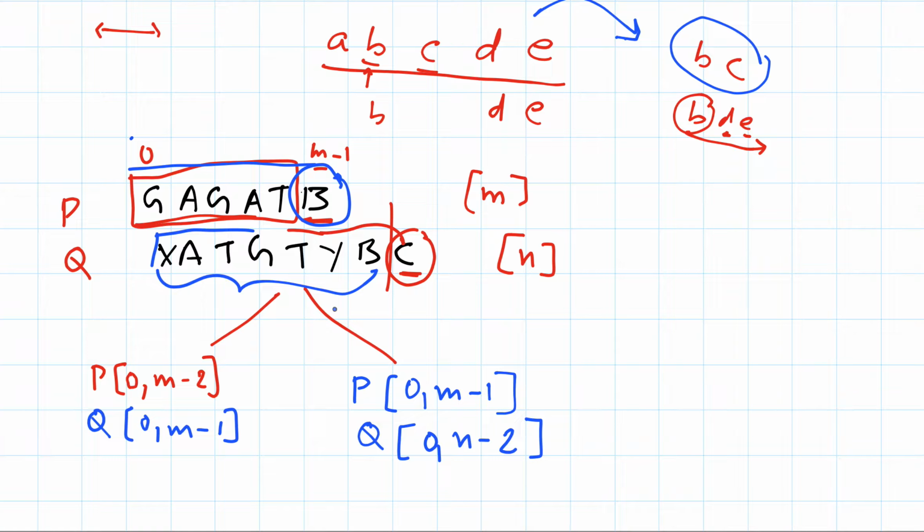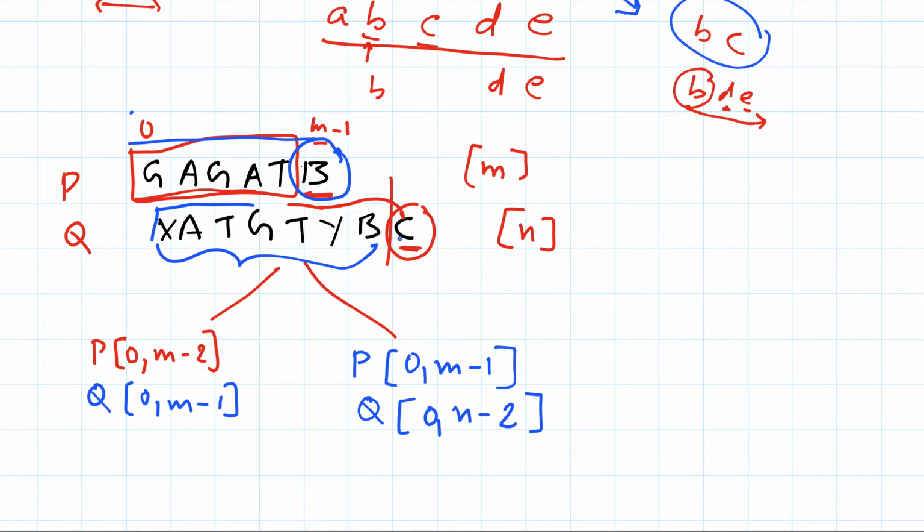These are the only two possibilities when the last character is unequal, because both cannot be part of the subsequence. It's not that B is also part of the subsequence and C is also part of the subsequence, because these are the last characters. In the subsequence also they have to come last, but only one can come last. So either B matches with this part of the string or C matches with this part of P. So there are only two cases.